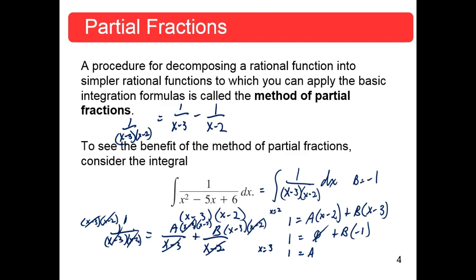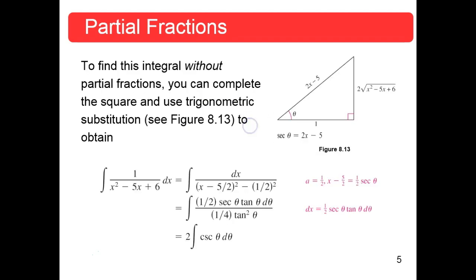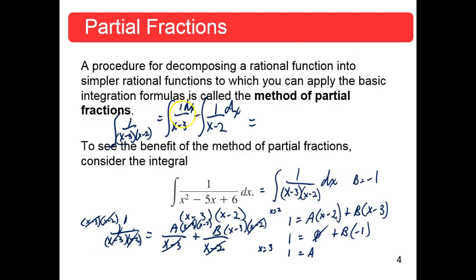Now, if this is what we're integrating, then we integrate each of these, dx, dx. And y'all already told me what that would be. What did you say it was? This first integral is ln of absolute value x minus 3 minus ln of absolute value x minus 2.